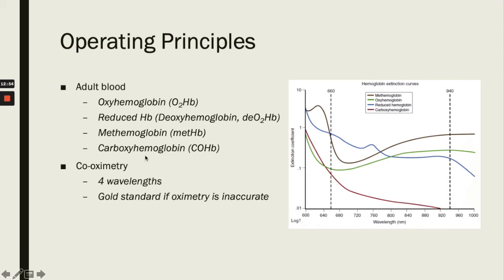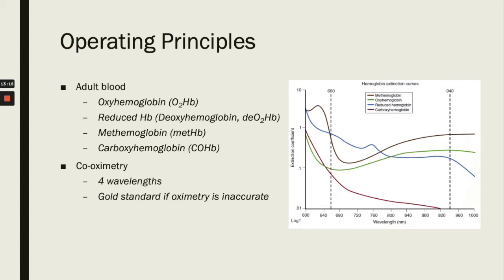So co-oximetry uses the principle of oximetry to measure the SaO2 as well as concentrations of other hemoglobins in a blood sample. This can be done in a lab in vitro, or it can be done in vivo, like with a probe.